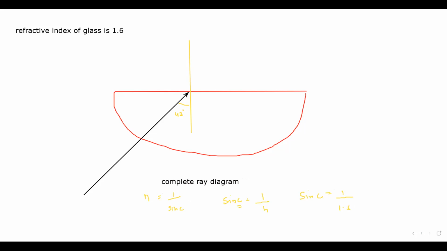Then for this 0.625, take the sine inverse. That is sine C. So C is equal to sine inverse 0.625. That's 38.7. So we worked out the critical angle is 38.7.